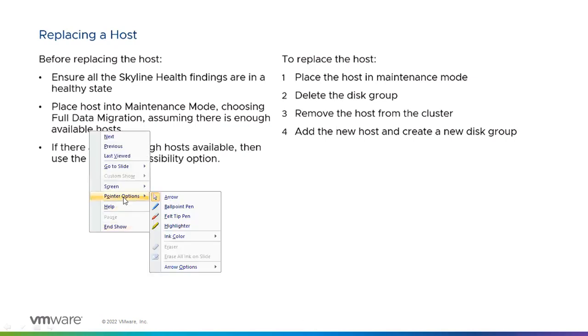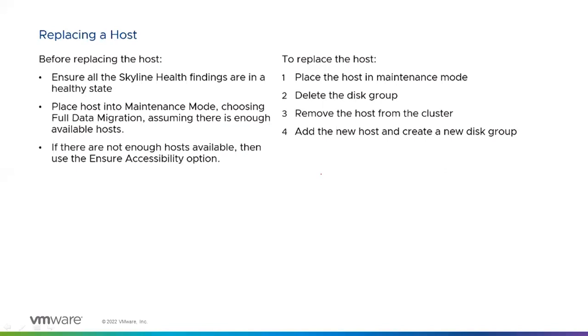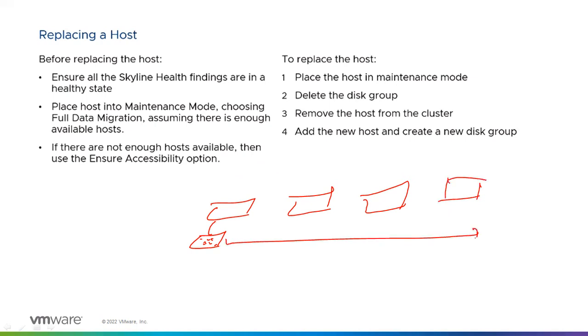it's a maintenance mode option, right? Just assume you have three nodes for the time. Here some component with FTT 0, RAID 0. If you choose full data migration, it will always do full data migration. If you choose ensure accessibility, it means the components in FTT 1, RAID 1 are already mirrored somewhere. Correct.